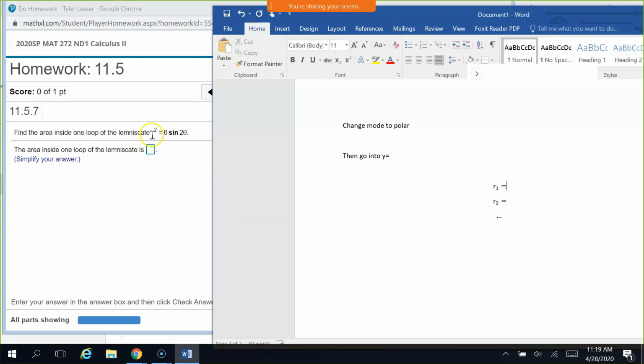Because we're having to take the square root, we're actually going to have to graph two different ones. We're going to have to do the positive square root of 6 sine of 2 theta, and then the negative square root of the same thing.